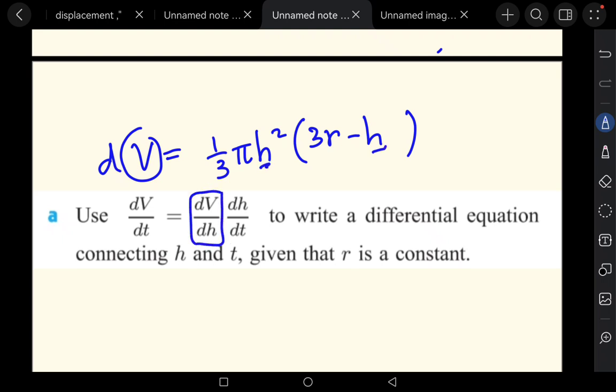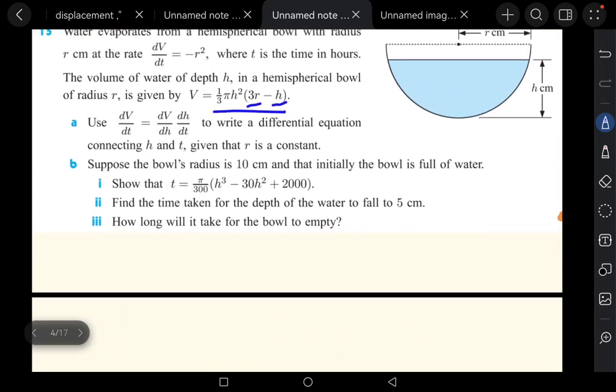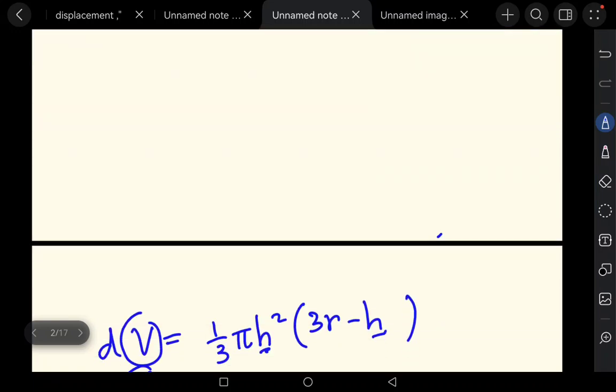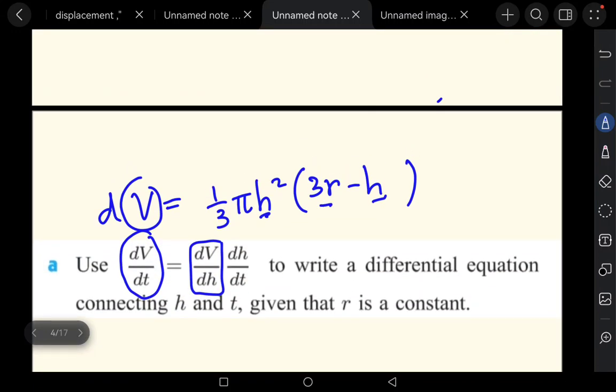We need to do that because dv dt is given in the question already. This dv dt is already given this. So you need to find this part, which is derivative to the height dh. Okay. So this, check again. So 1/3 pi h squared brackets 3r minus h. Correct or not? Yes, correct.